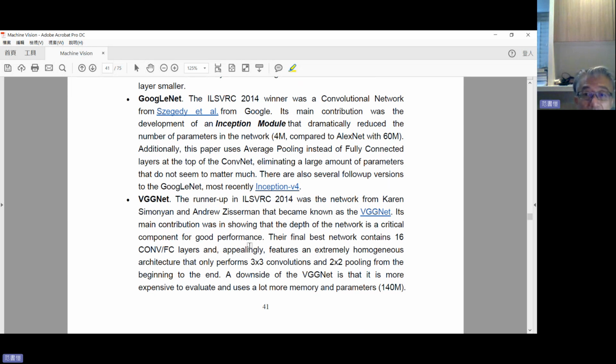The final best known contains 16 layers, VGG16. Its appealing feature is an extremely homogeneous architecture that only performs 3x3 convolution and 2x2 pooling from the beginning to the end. The downside of VGGNet is that it is more expensive to evaluate and uses a lot more memory and parameters, over 140 million.